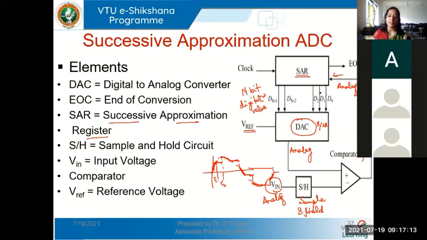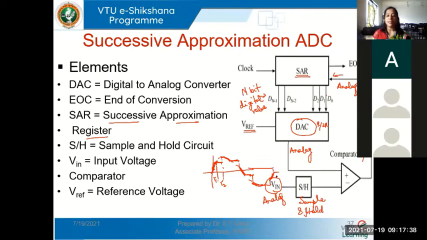It will take an approximation of the analog value with digital. That digital it will convert back to analog and compare with the input. If it is as close as possible to the input, then the conversion can stop. Otherwise, it keeps doing that till the number of bits or the accuracy is sufficient.